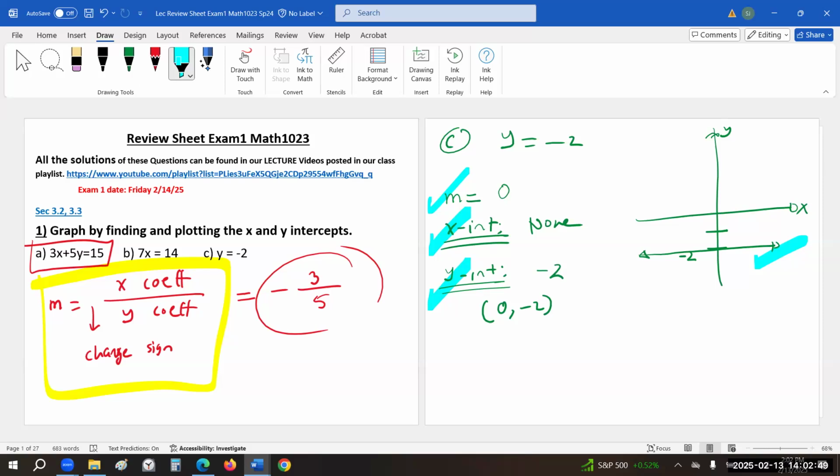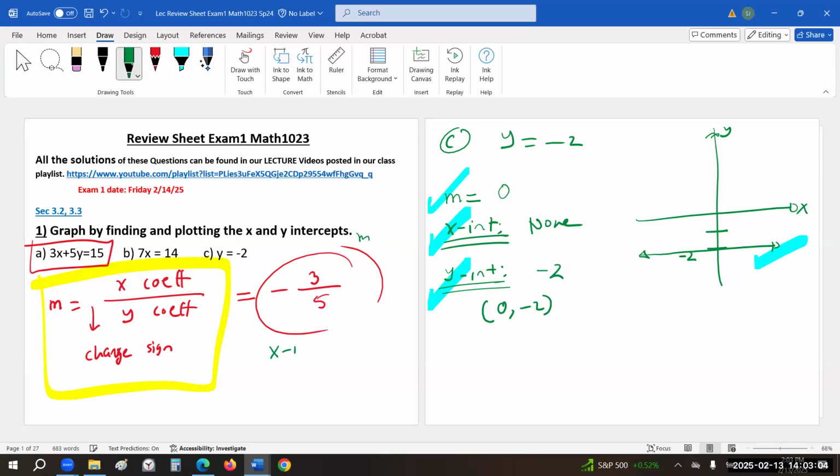So let's first see number 8. We don't have to find, oh, you do have to find everything. I just didn't do everything. So this is the slope.